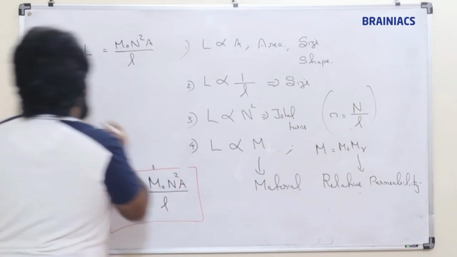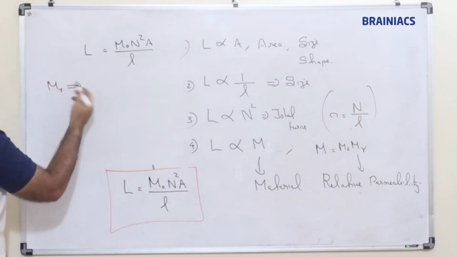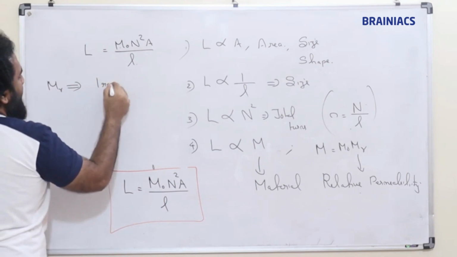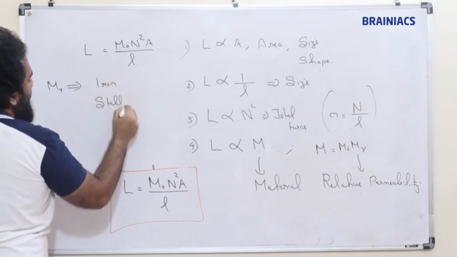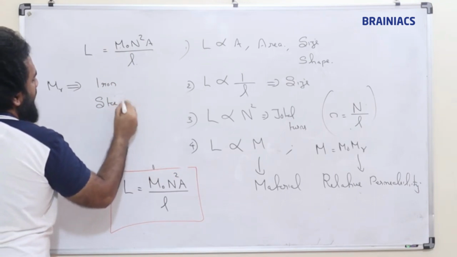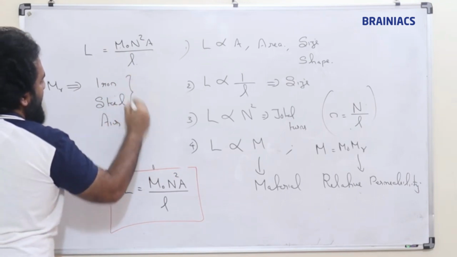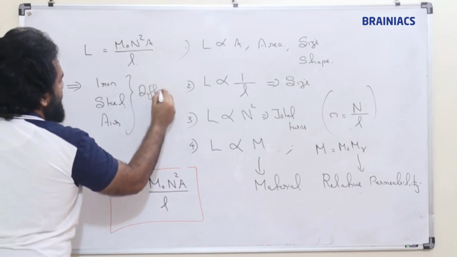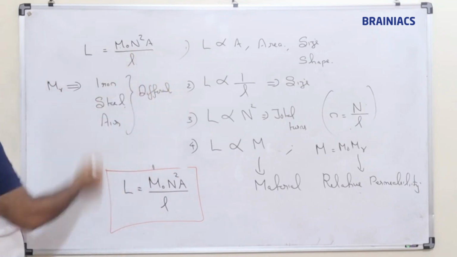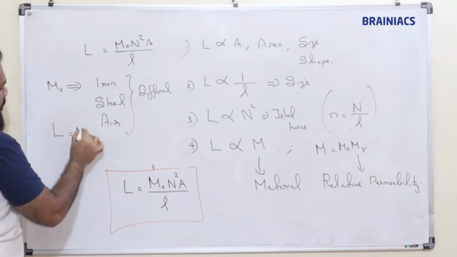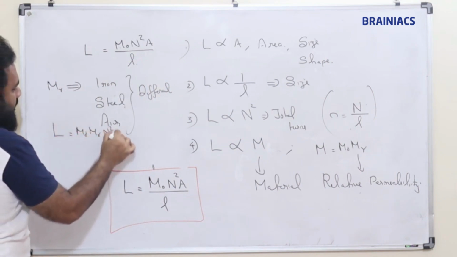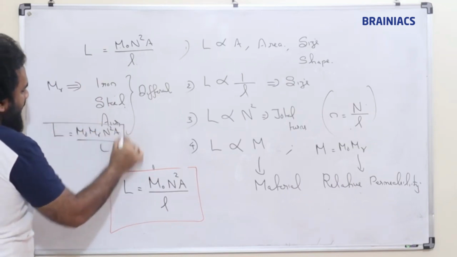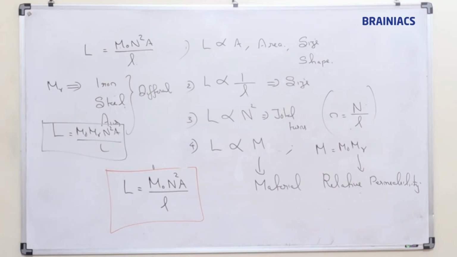It is different for iron, steel, or air. So we can finally say L is equal to mu naught mu r n square A divided by l. This is also possible. Clear? Please note it down.